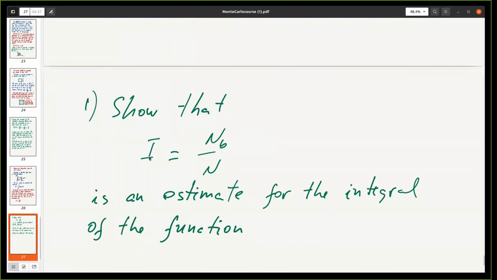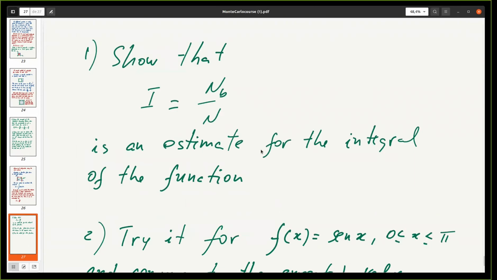So show that the integral can be calculated by the ratio n_b over n. So this is an estimate of the integral of the function. You have to show it using this statistical sampling theory, more or less like you did for showing that you can calculate the number pi in the last method.